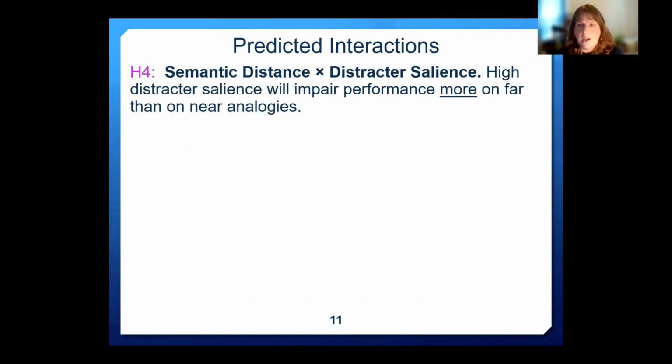distractor salience would interact, such that high distractor salience will impair performance more on the far than on the near analogies. And the reason for this prediction is that when you have those far analogies, like leather is to saddle as gold is to earring, then the lure of silver as one of the distractors can kind of throw you off, grab your attention away from keeping in mind that analogical relation of that compositional relation as you're mapping.